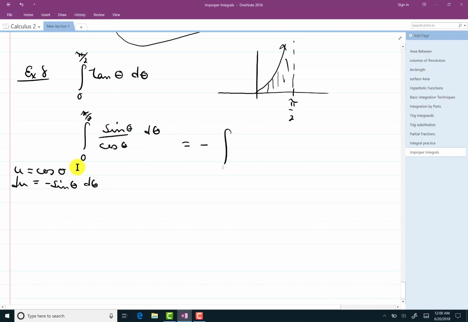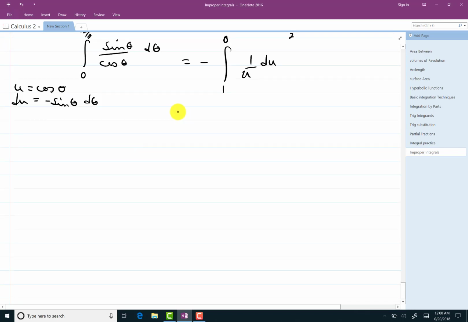But now, if you plug in theta equals 0, cosine of 0 is equal to 1. If you plug in pi over 2, well, cosine of pi over 2 is equal to 0. Then I have 1 over u du. Well, I can simply rewrite this, take out the negative, and turn it upside down.